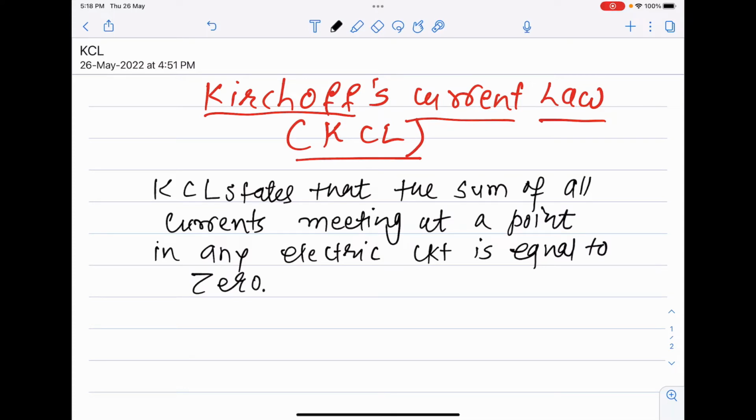That is, we write summation of I is equal to 0 in case of any electric circuit.